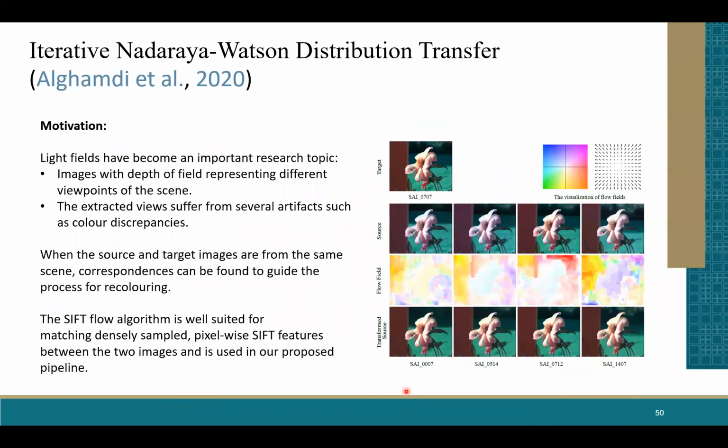Our next work is iterative Nadaraya-Watson distribution transfer. One application that has recently become an important research topic is light fields.